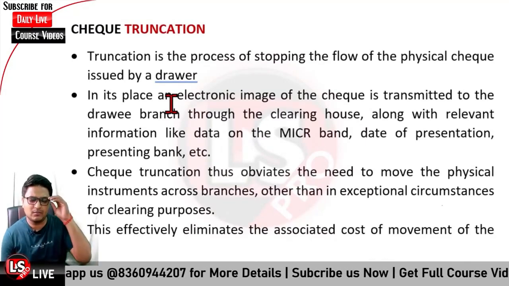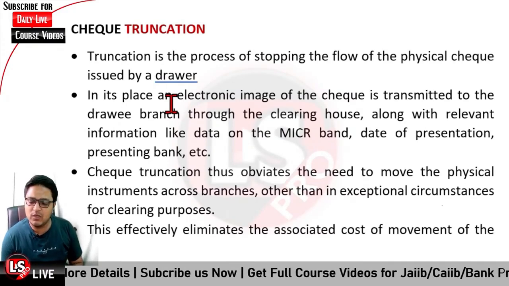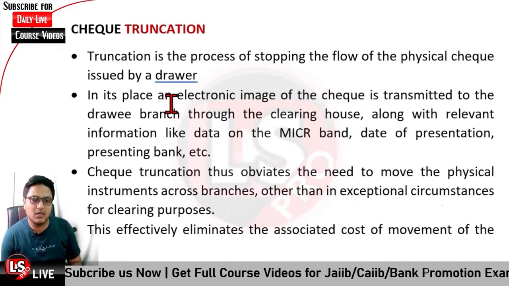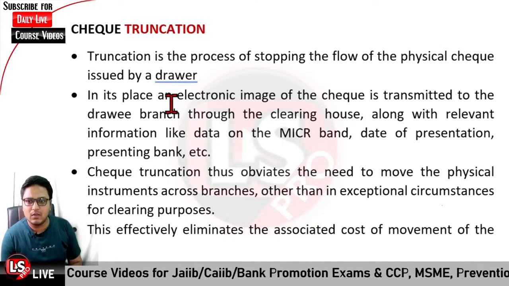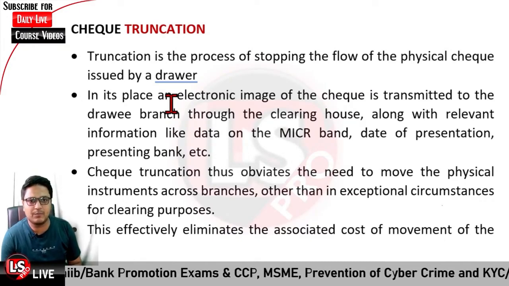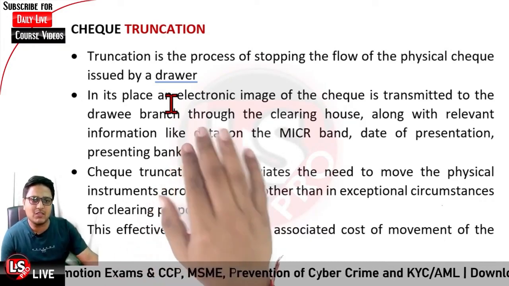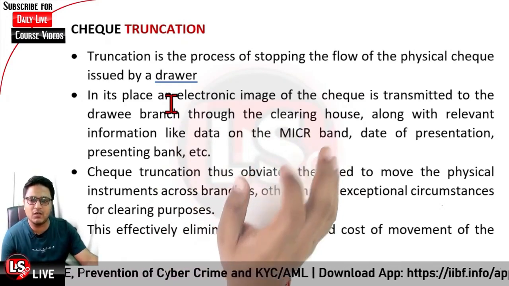Check truncation. Previously, checks needed to be presented in the clearing houses, and there was physical movement of checks. Truncation is the process of stopping the flow of the physical check issued by a drawer.